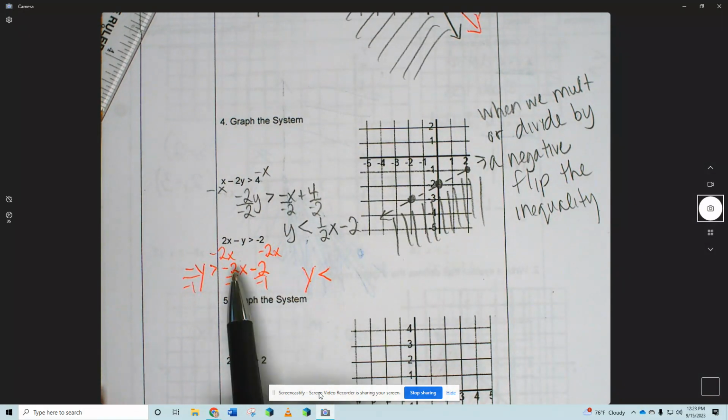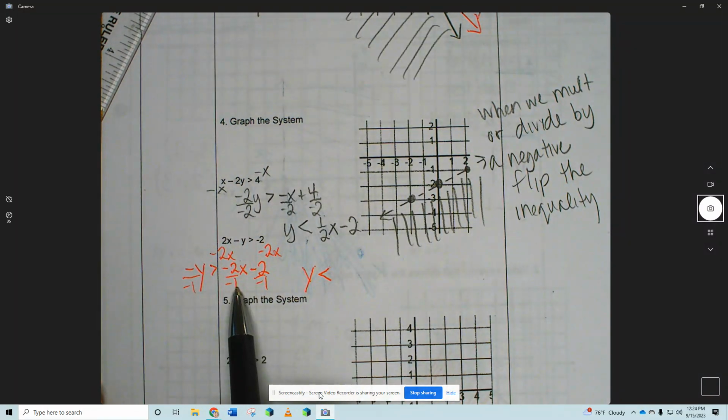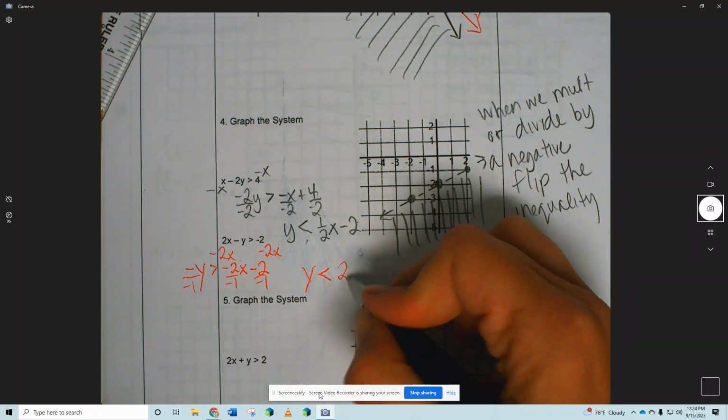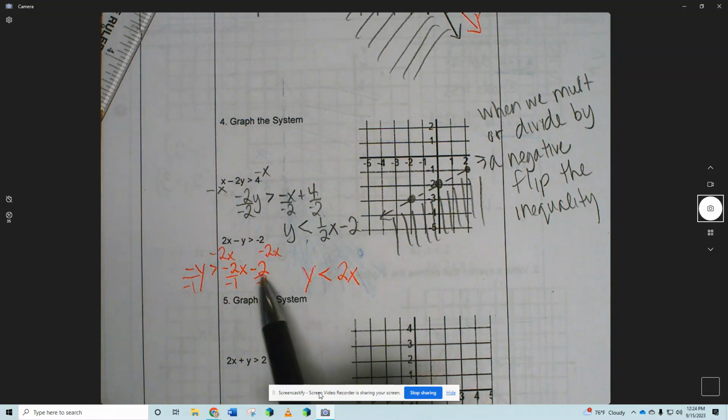Okay. -2 divided by -1 is... It's positive 2x. Good. -2 divided by -1 here is what? 2.